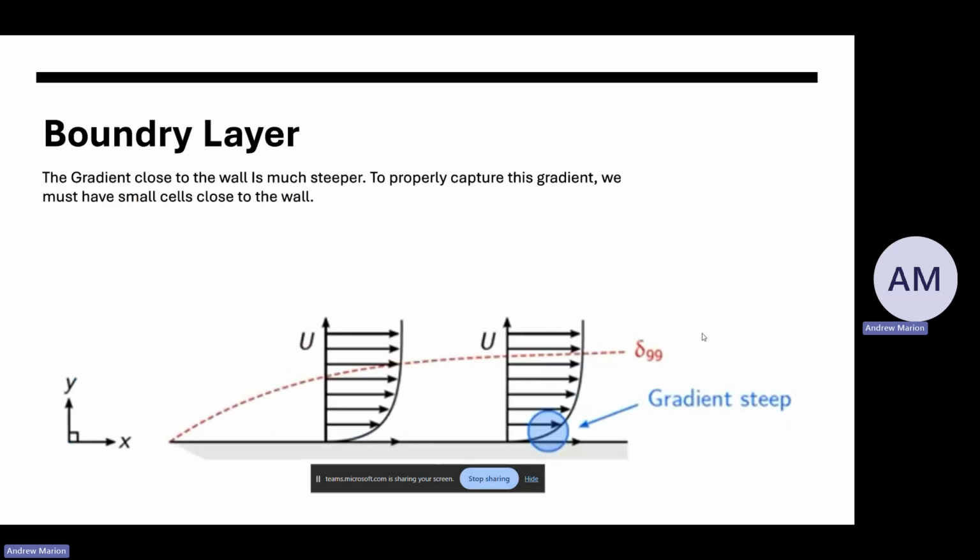All right, so next we're going to talk about boundary layers. This has a big effect when you're determining your mesh, because as you know if you've taken fluid mechanics, close to the wall the velocity is 0, at least if you assume no slip. Then it gradients upward, and you can see this is a sharp gradient, a steeply changing velocity, but then it shallows out.